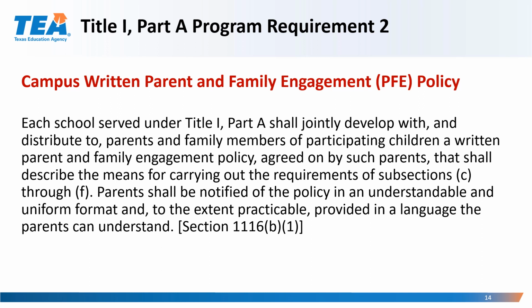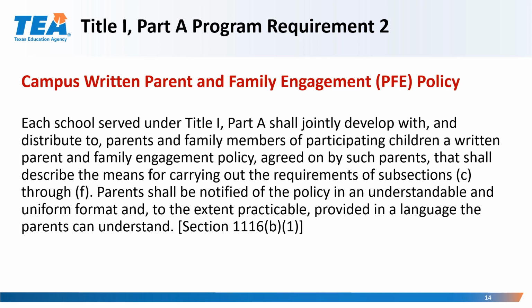The Every Student Succeeds Act, also referred to as ESSA, states that each school served under Title I, Part A shall jointly develop with and distribute to parents and family members of participating children a written parent and family engagement policy agreed on by such parents that shall describe the means for carrying out the requirements of subsections C through F. Parents shall be notified of the policy in an understandable and uniform format, and to the extent practicable, provided in a language that parents can understand.